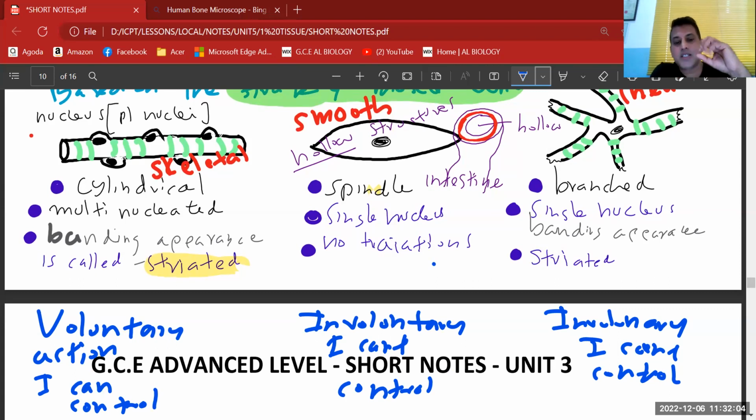The esophagus uses smooth muscles, so it's involuntary. When the food enters the esophagus, it is involuntary. Food is going to the stomach because smooth muscle contracts. So just to understand this kind of thing, we need the basic information about the tissues.